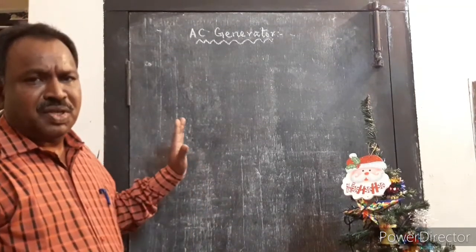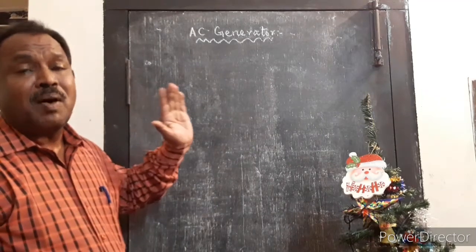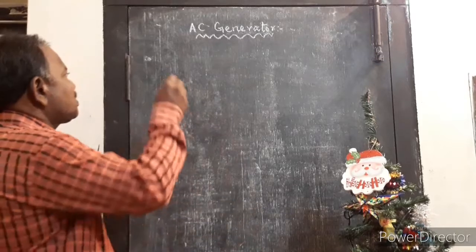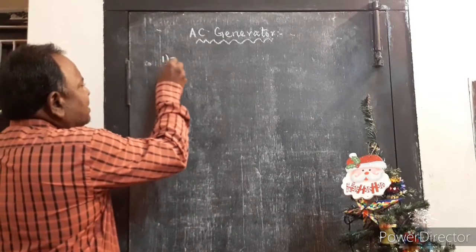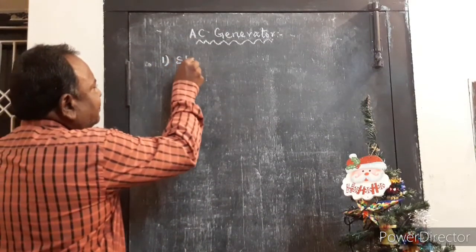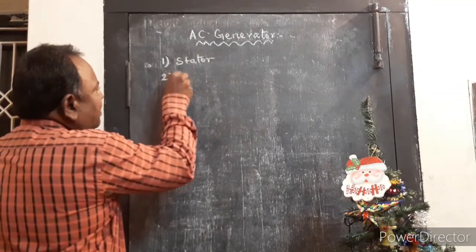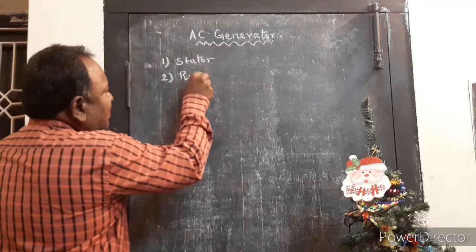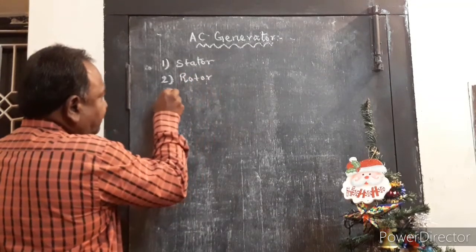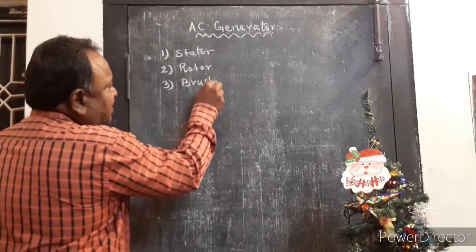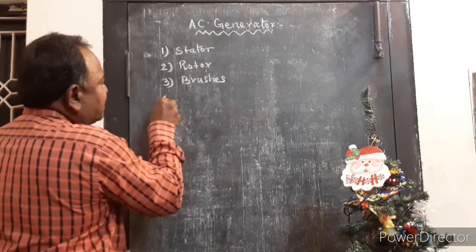Now we are going to see what are the main parts of an AC generator. The main parts of an AC generator are stator, then rotor, then brushes, slip rings.